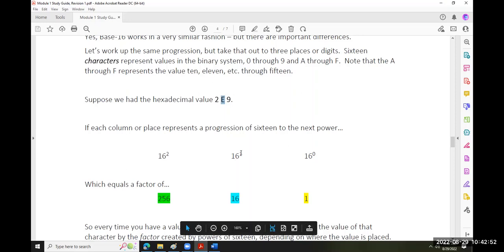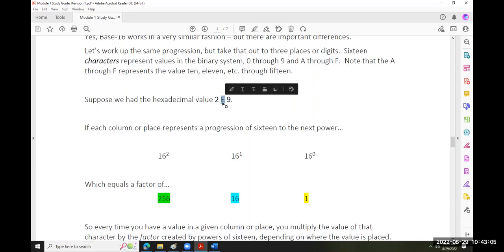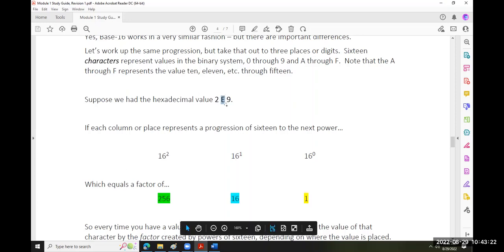Notice my multiple in the first column is 1, my multiple in the second column is 16, and my multiple in the third column is 256. So I have 16 to the first power. I have a base number of 16, but this represents 14. So I have to take 14 and multiply it by 16 to get the value of the second column.